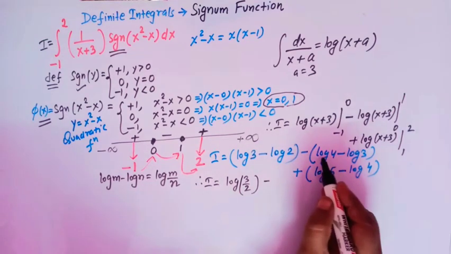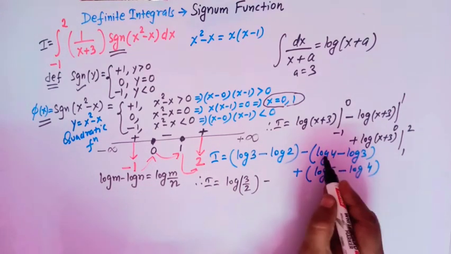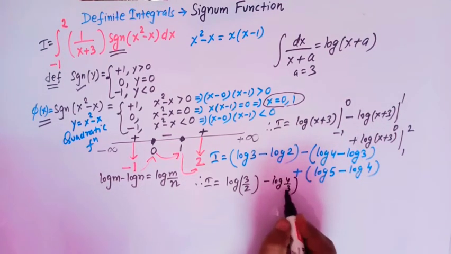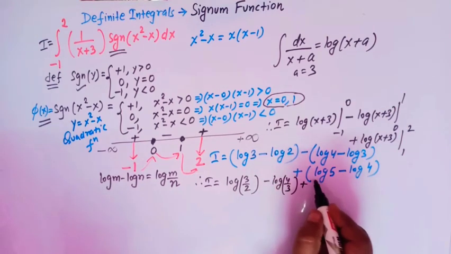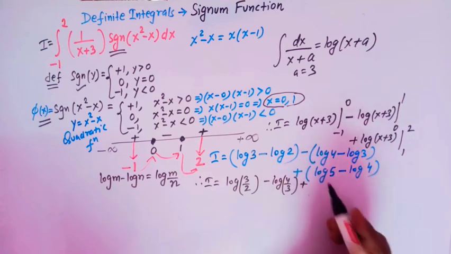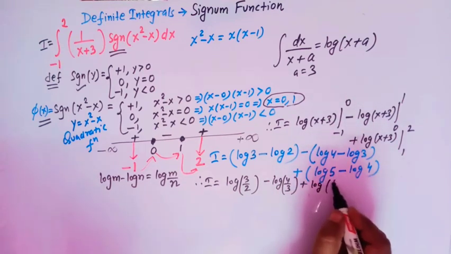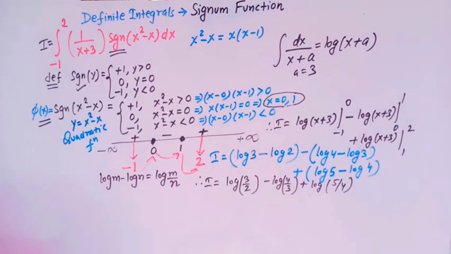And then we have log m minus log n, that is log 4 minus log 3, so here we have log of 4 over 3, right? And then we have log of 5 minus log 4, that is log of 5 over 4, right?